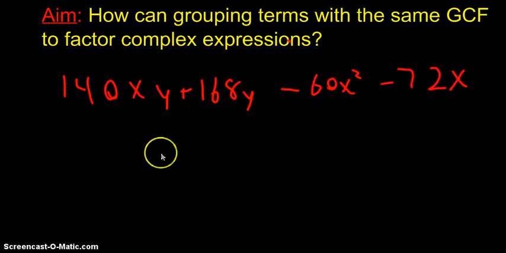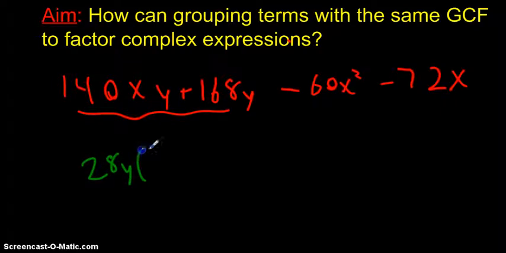Okay. So factoring this, we get 28y, and what goes in here? 28y, how many times is going here? 2, 3, 4, I think it's 5 times.